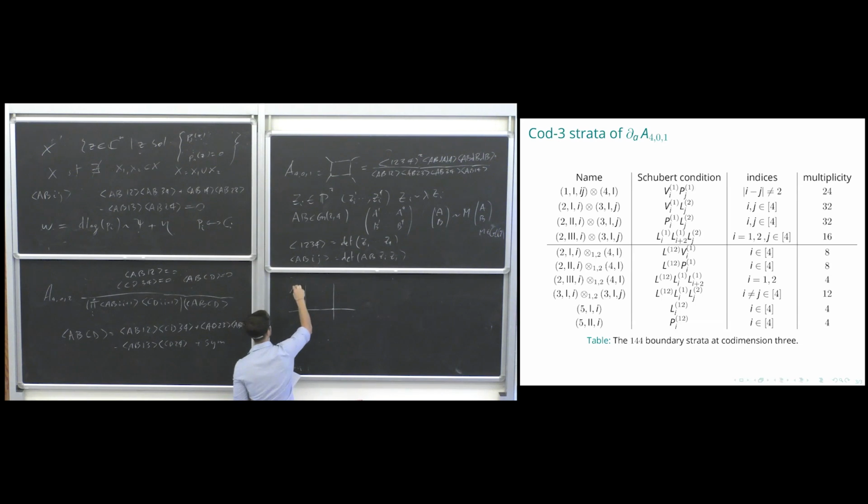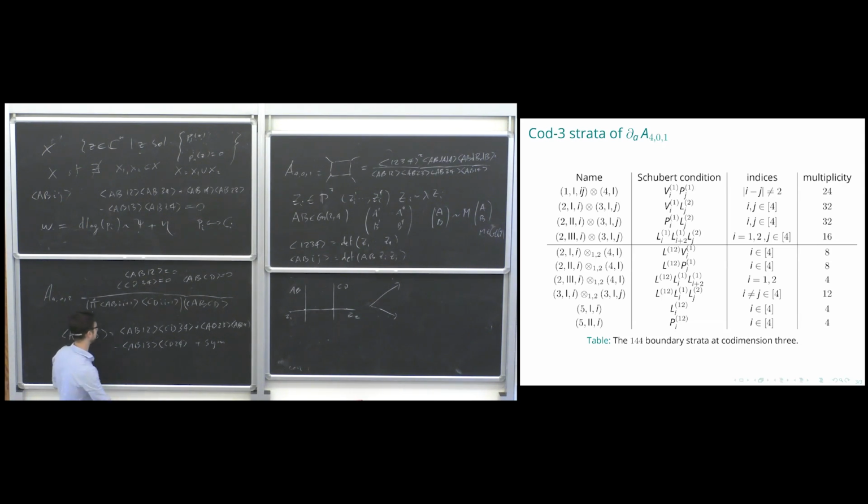In this case, this will be the line AB, this will be CD, and this will be the line Z1 Z2, right? Now I want to set the bracket ABCD to 0. Geometrically this means that these two lines intersect. Algebraically, it means that this polynomial factorizes into the product of two degree-1 polynomials.